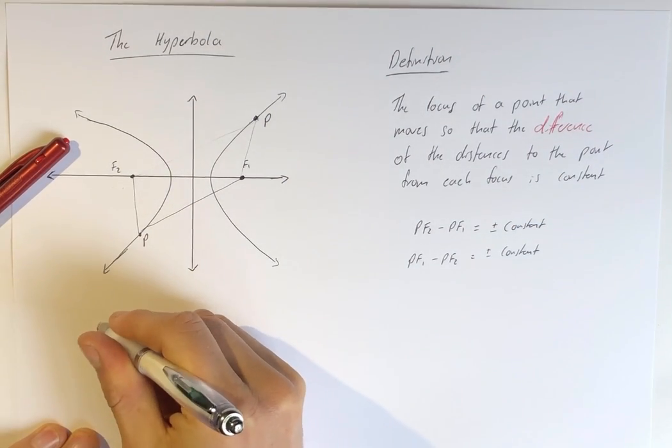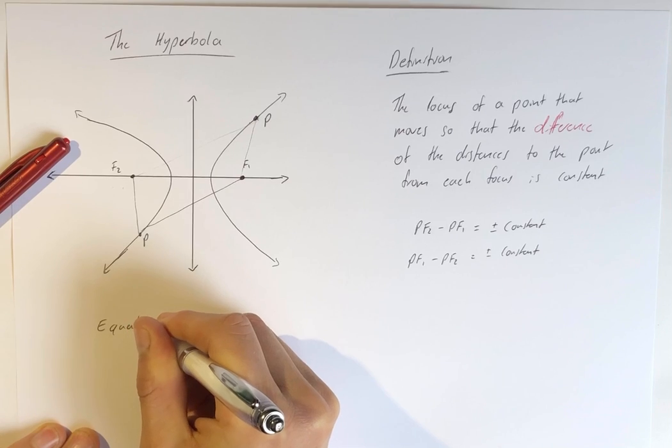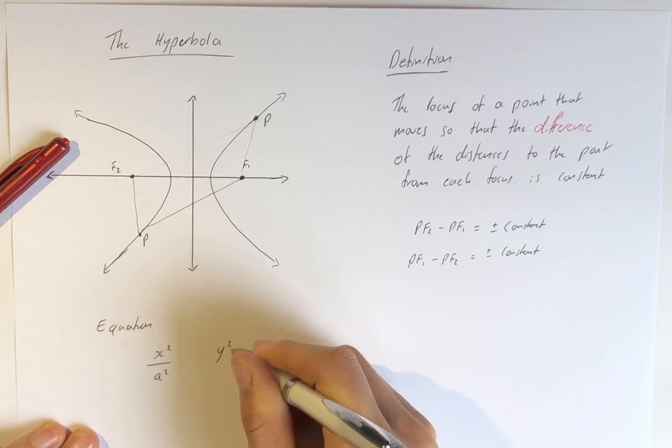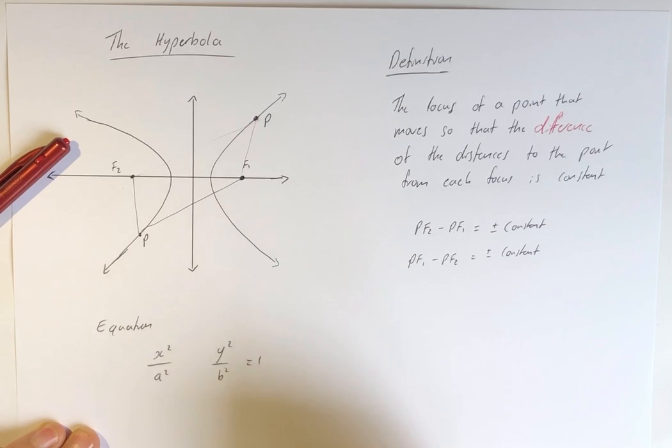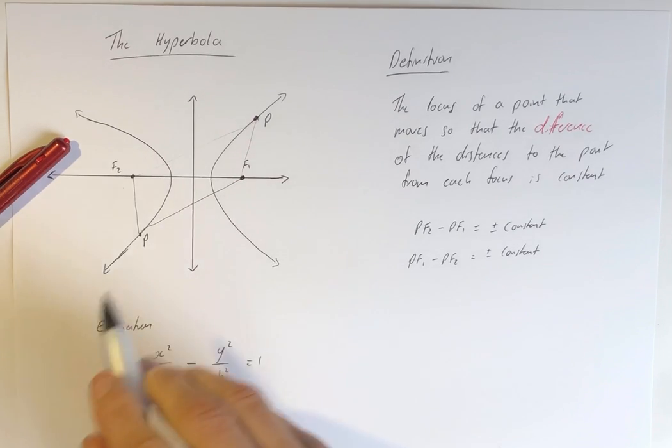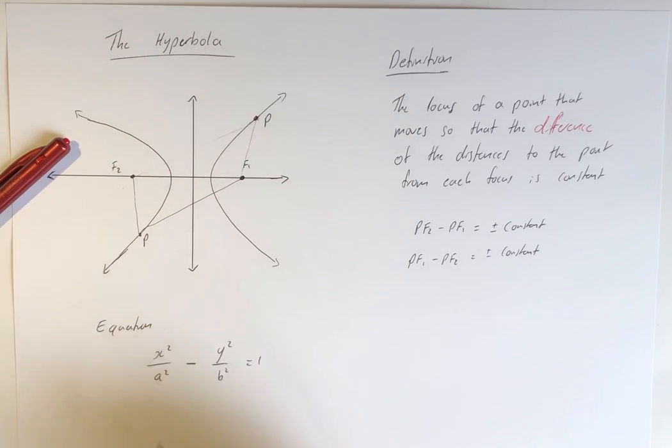So the Cartesian equation is x squared over a squared minus y squared over b squared is equal to 1. The only difference between this and the ellipse is it is now a subtraction. It's the difference between those two distances.